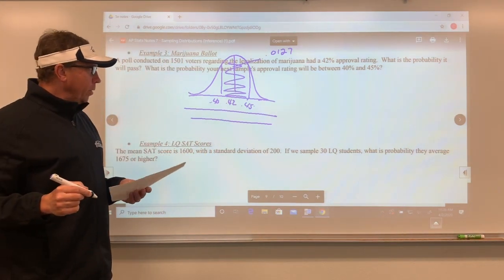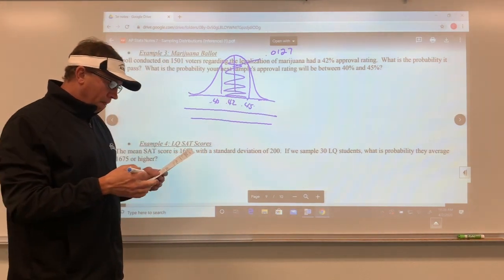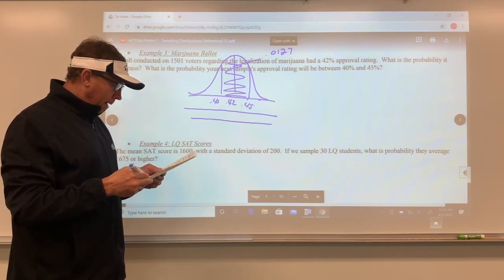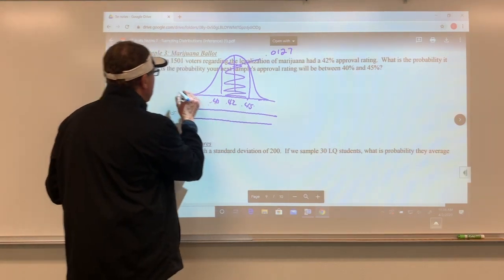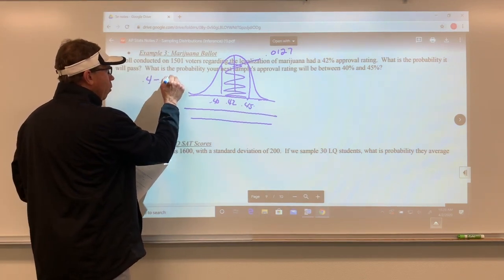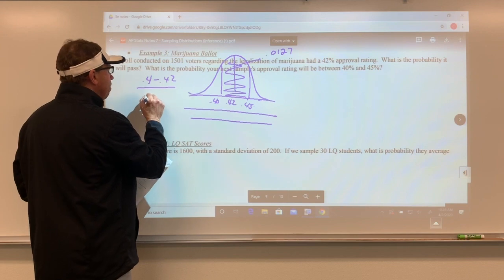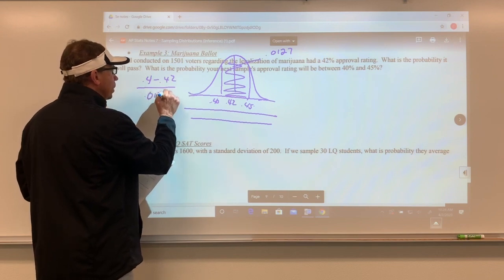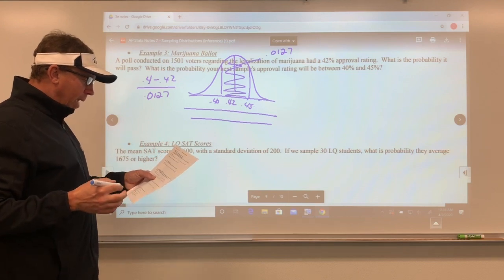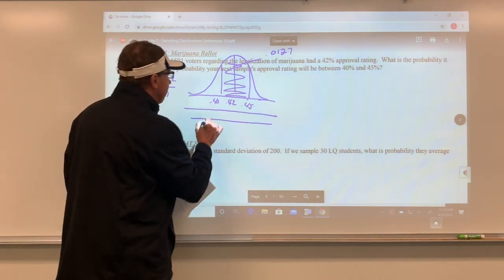And now what I'm going to do is I'm going to get a z-score for both 0.4 and 0.45, okay? For 0.4, the z-score will be 0.4 minus 0.42 divided by 0.0127. And that z-score comes out negative 1.57.